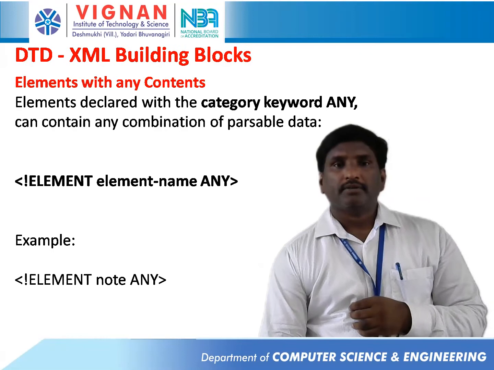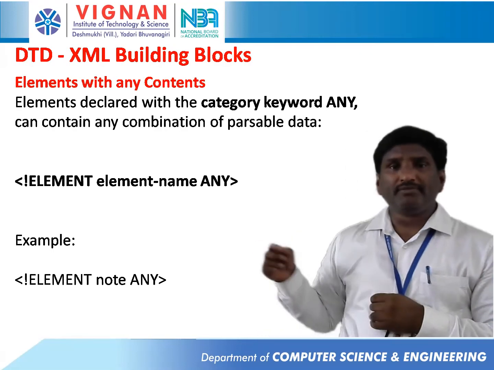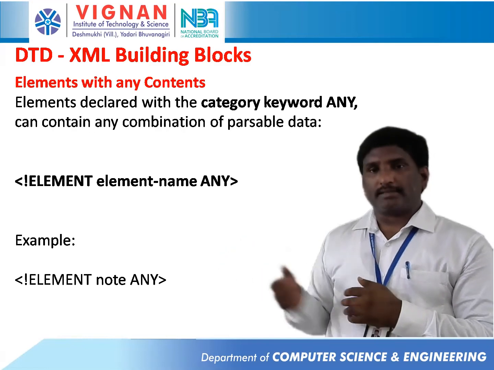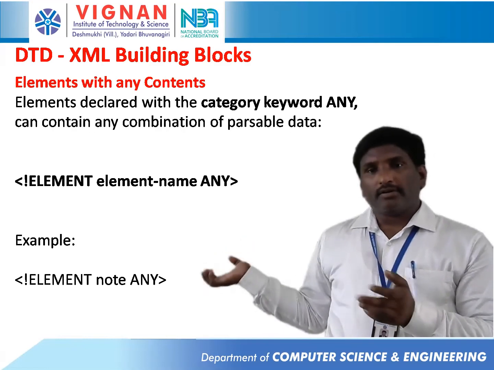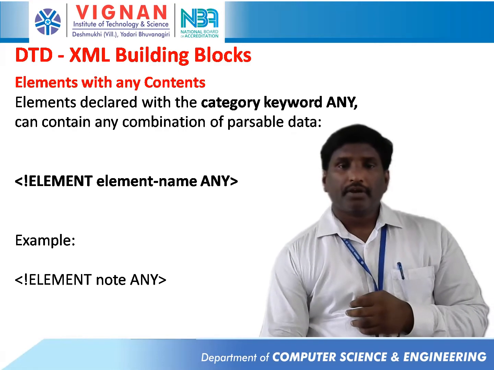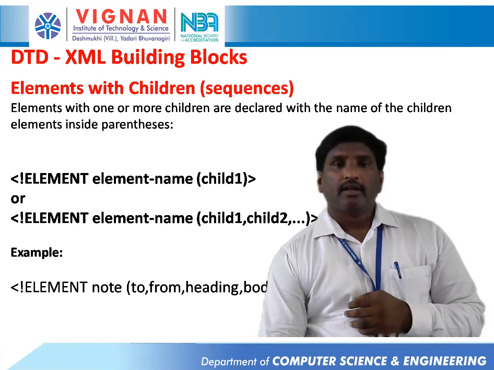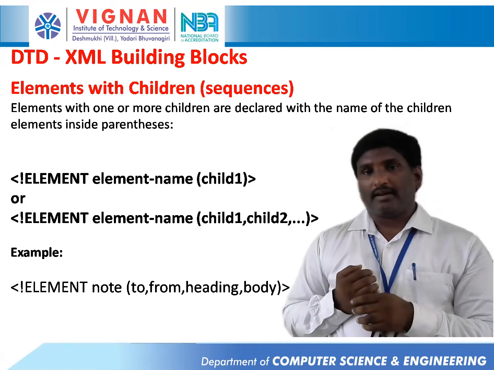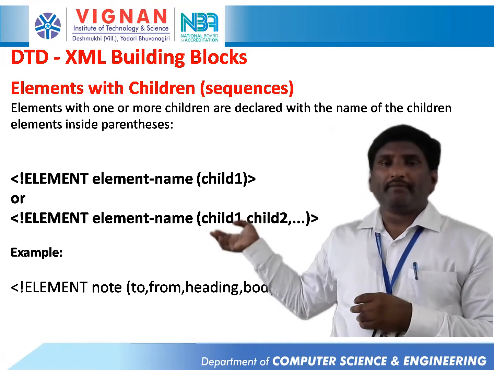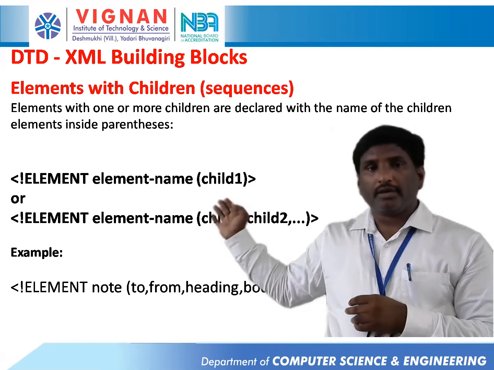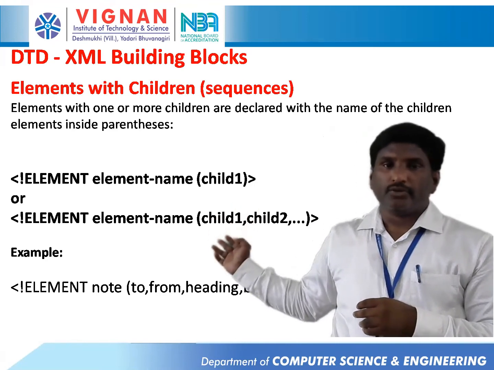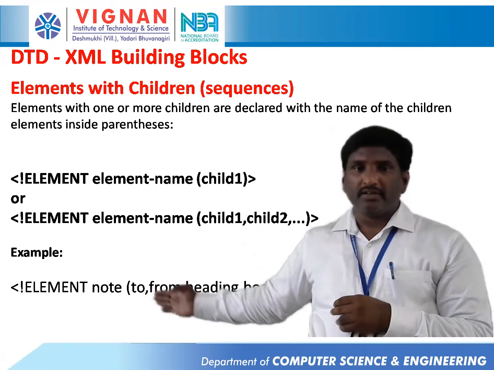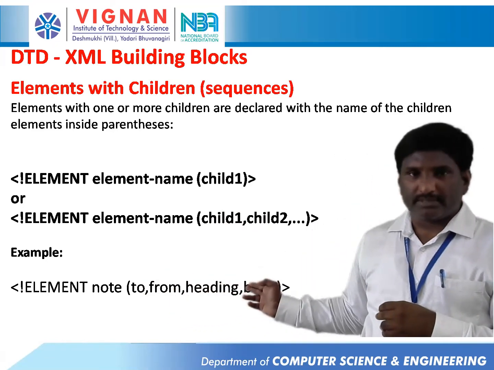And then elements with any content. Any content may contain a combination of possibilities, that is PCDATA or CDATA. So ANY. And then elements with children. An element may have sub-elements, maybe single or many. In this example, for the note element, we have specified 4 sub-elements.